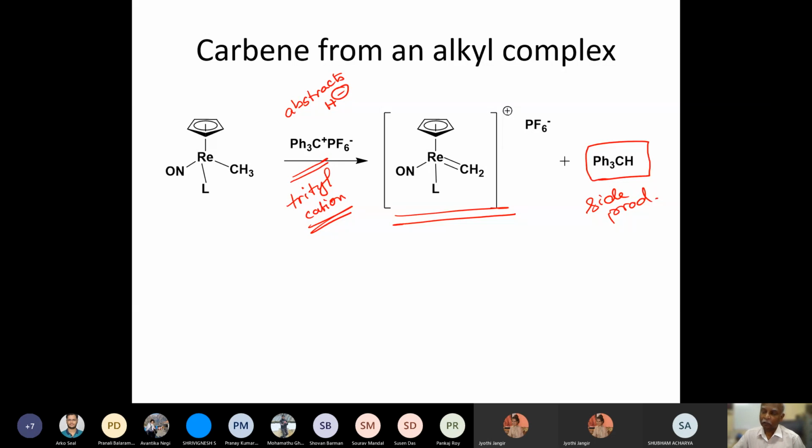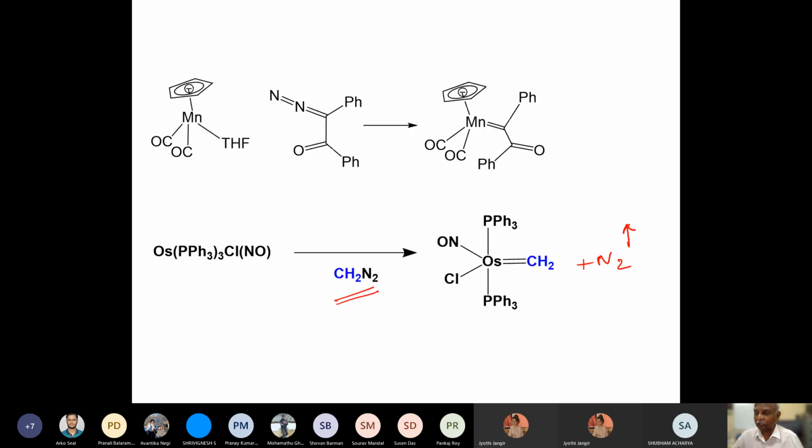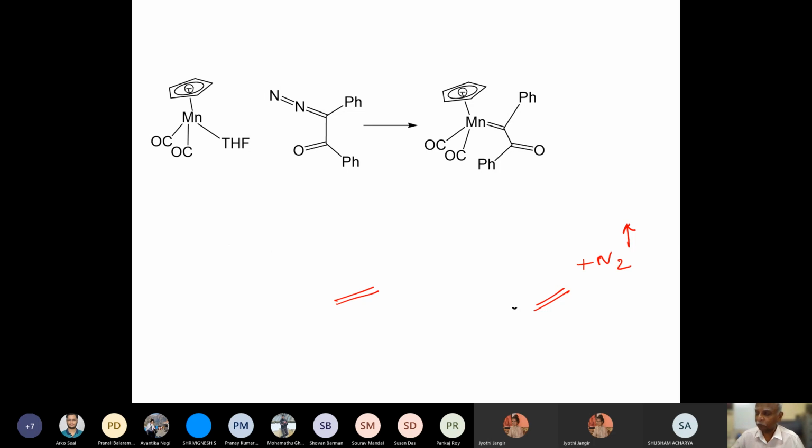This is again a Schrock carbene because it doesn't have any substituents. And similarly, in the previous examples also, we had some which had no substituents, so they are not really Fischer carbenes. A Fischer carbene is always stabilized by a heteroatom. So, okay, I'm going backwards.